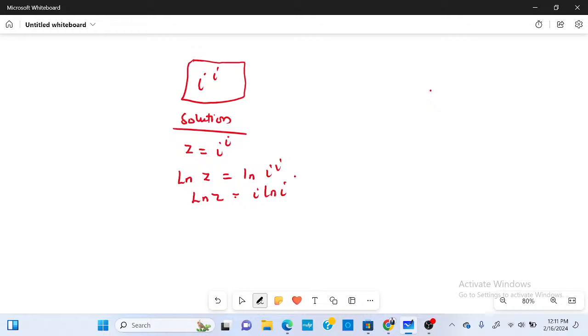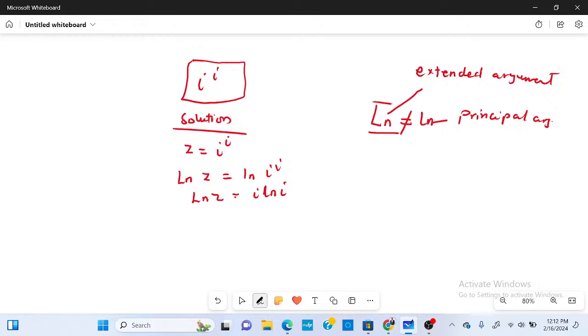And please take note, capital Ln and small ln are not the same. Whenever you see capital Ln, you are expected to put in your extended argument. So for capital Ln it is extended, then the small ln is your principal argument.